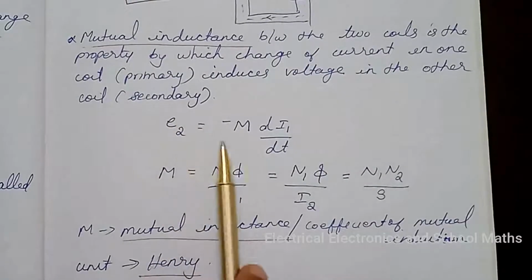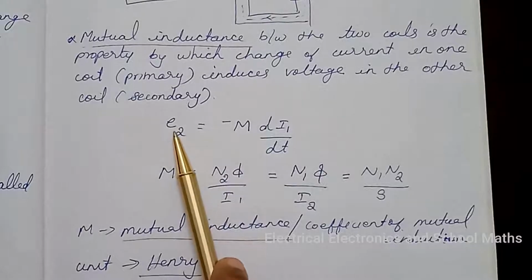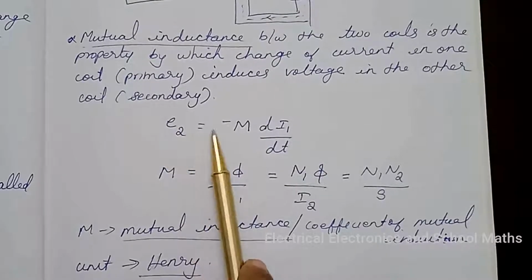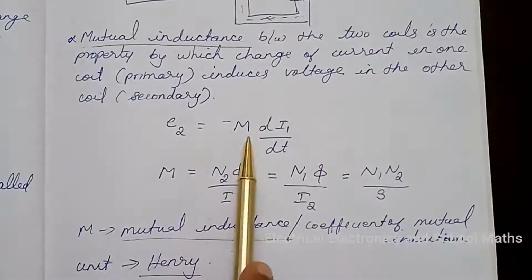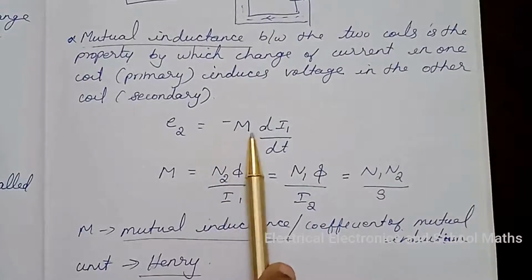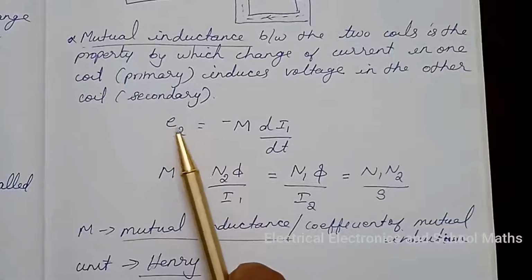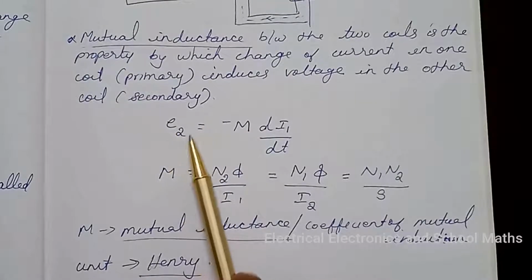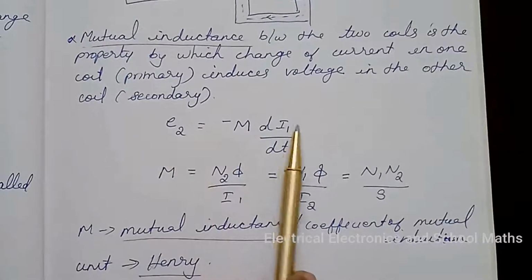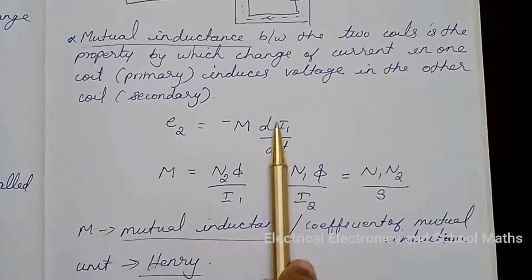And the value of mutually induced EMF E2 is given by minus M into dI1 by dt. That is, the induced EMF in the secondary coil is due to the change in current in the primary.